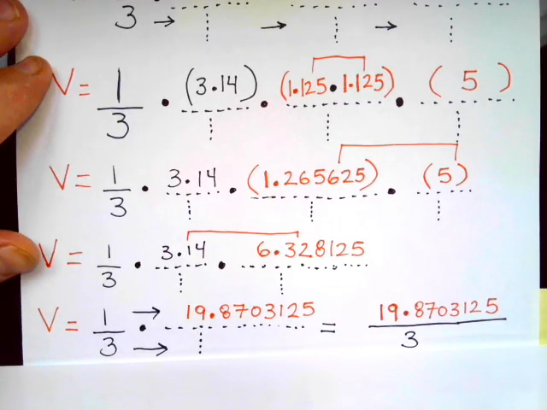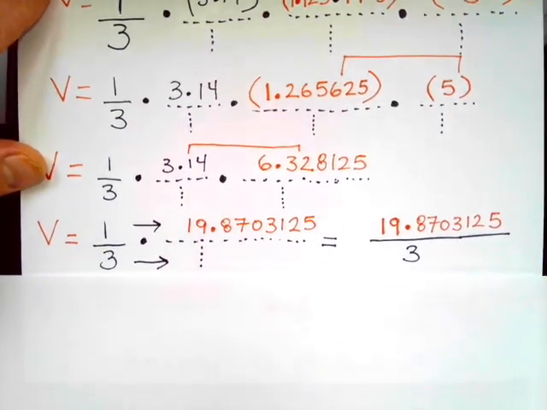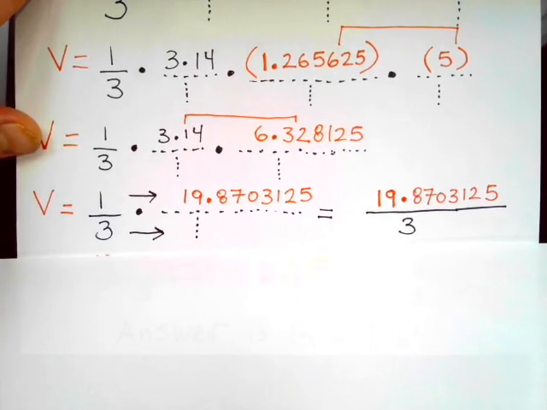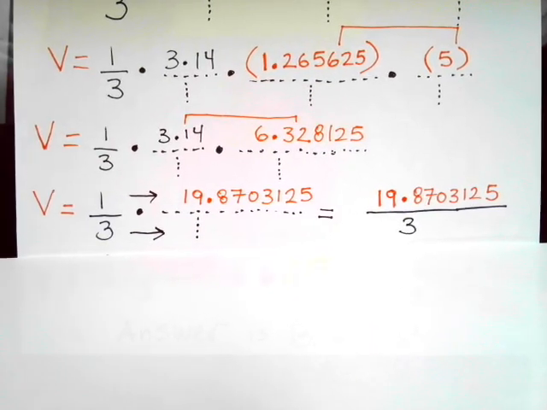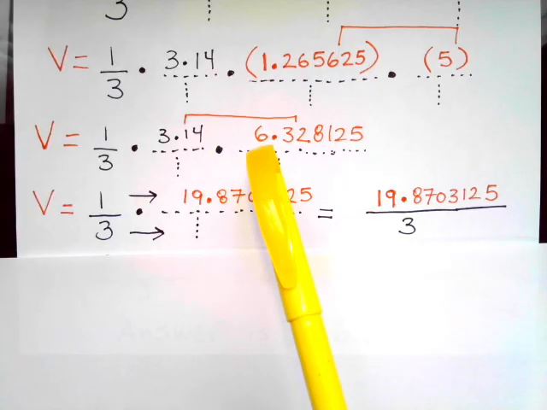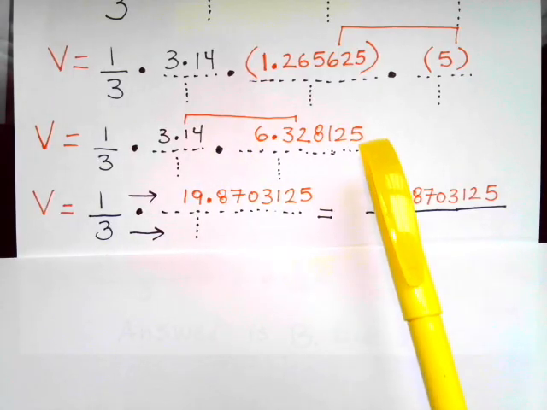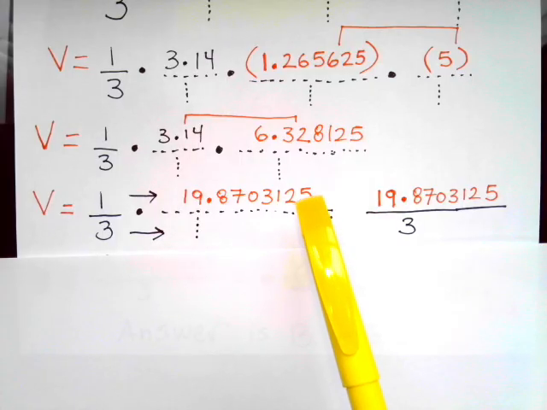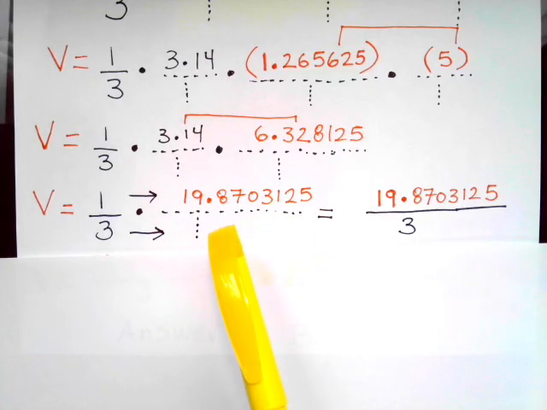All right. Moving this up just a little bit here. All right. And so, again, 3.14 times 6.328125 is 19.87031125. Right? And then 1 times 1 is 1.